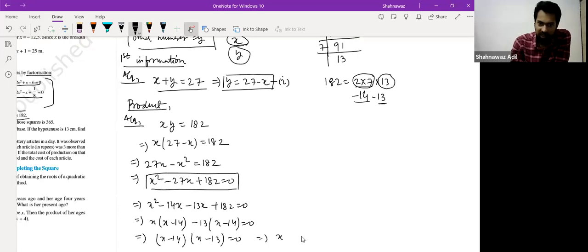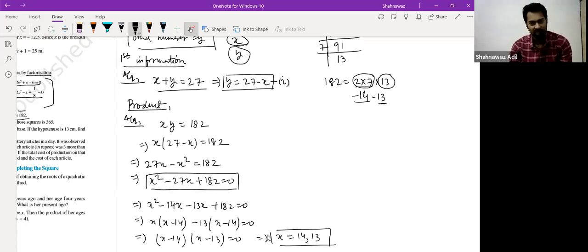Let me write it correctly. So 14 and 13, right? These are the two numbers. So if X is 14, then Y is 13, and vice versa. If X is 13, then Y is 14.